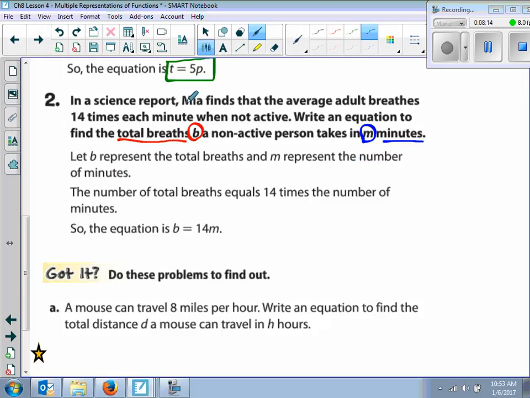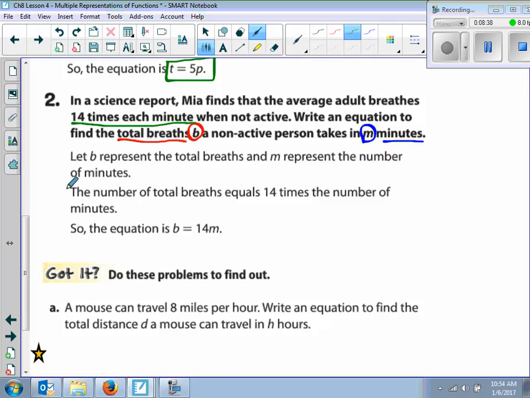Now, looking up in the problem, it says right here, the average adult breathes 14 times each minute, right? So that's going to be the number of breaths, 14, times the number of minutes, whatever those minutes might be.